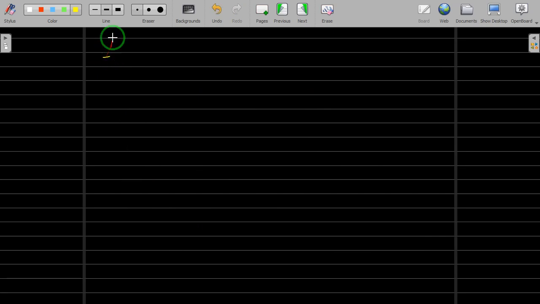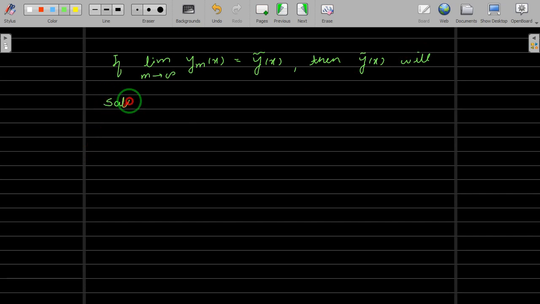So if the limit as m tends to infinity of ym of x is equal to, suppose, y tilde of x, then y tilde of x will satisfy the given equation 1.